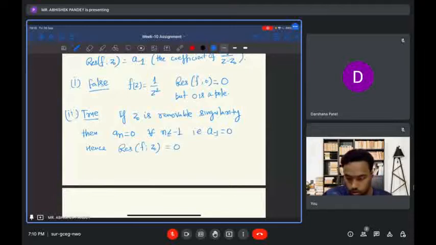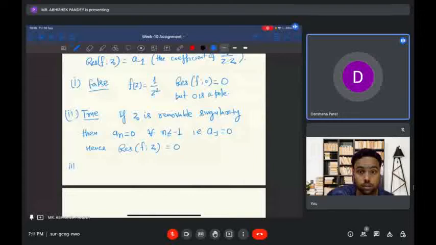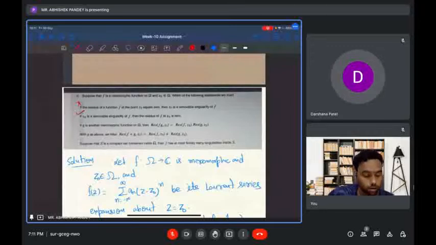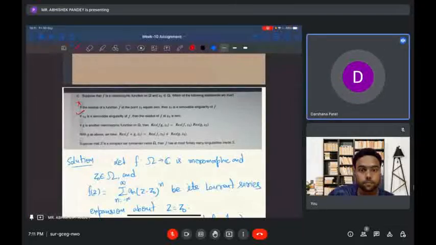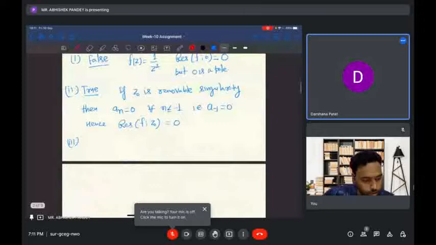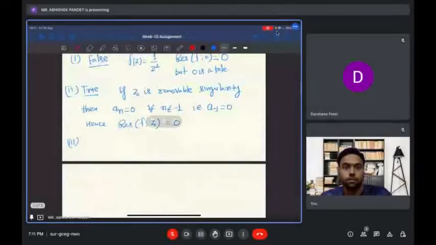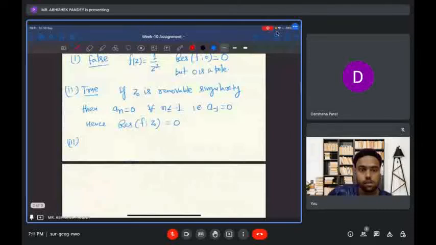Now let us look at the third option. The second option is true. The third option is saying, if I have another function g, then what can we say about the residue of f into g at z naught? That we will discuss in the next option.